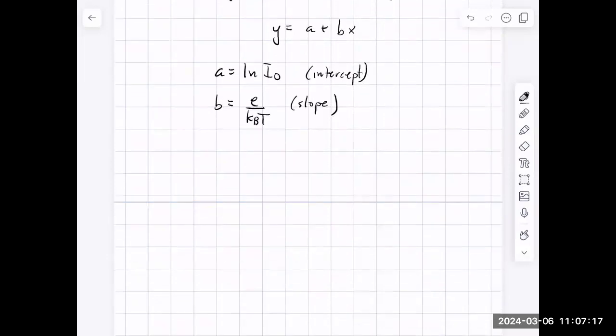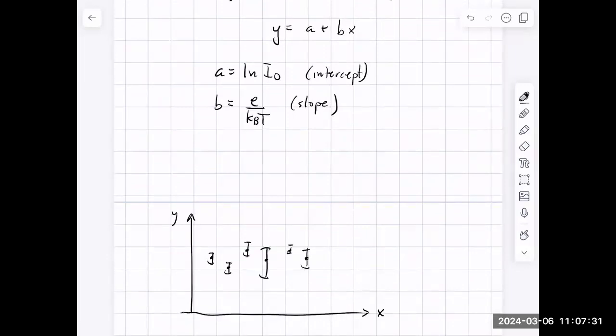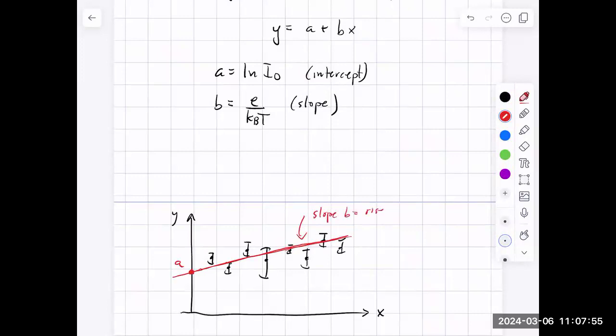So what you might do is generate a plot of Y versus X, and then you have some data points in here. Maybe some have big error bars and some have little error bars for some reason. And the question is, what is the best line to put through this data? This one would have kind of a shallow slope maybe. And so you'd have your intercept A here, and then this would have a slope B that's equal to rise over run.